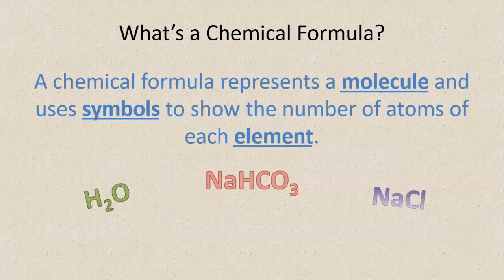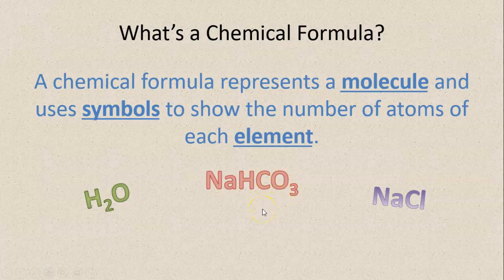So here's a few examples. We have H2O, we're all familiar with. That is water, 2 hydrogens, 1 oxygen. We have NaHCO3, that would be sodium, hydrogen, carbon, oxygen. We know that this CO is not cobalt because both of these are capital letters, remember?